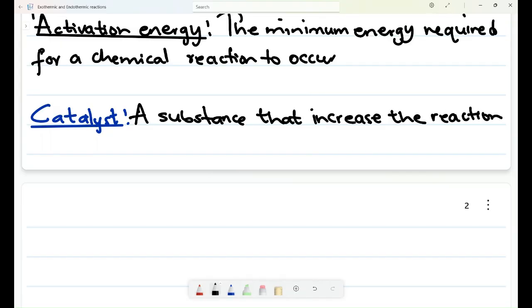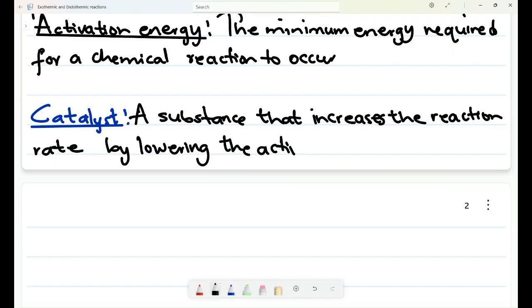Remember we are talking about reactions here. A substance that increases the rate of reaction by lowering the activation energy without undergoing any permanent change, right?